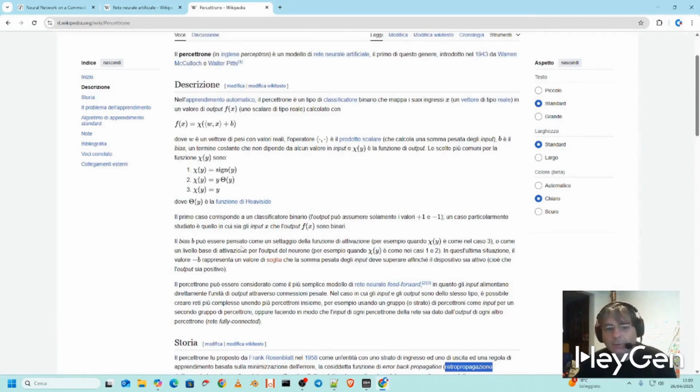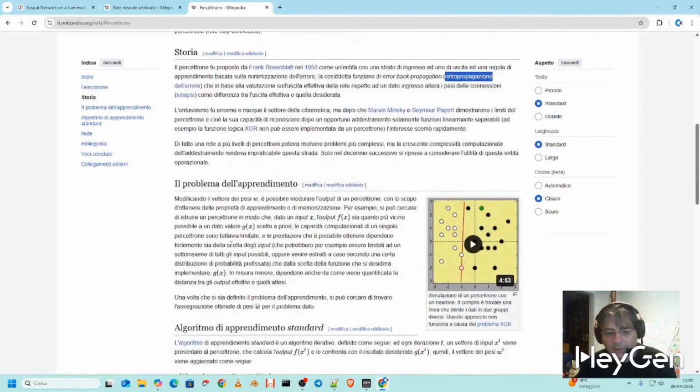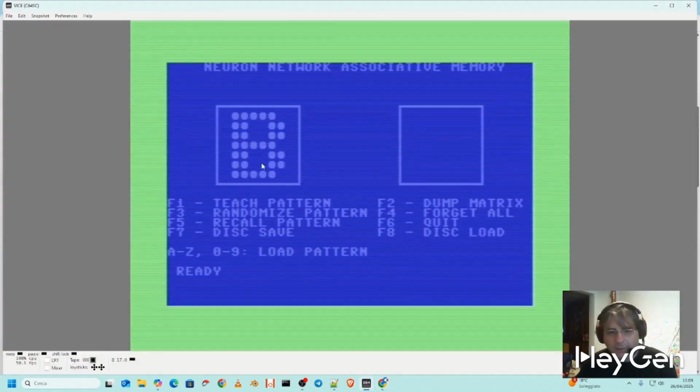Clearly, this type of learning is called supervised learning because I have exactly the input pattern that I need to tell it to recognize, even with variations. As you can see here, it starts to make variations to recognize this. But I also have the same letter, B, that I pressed.